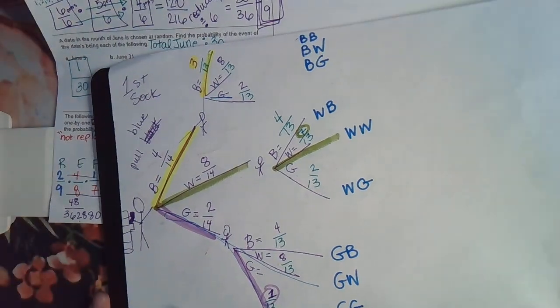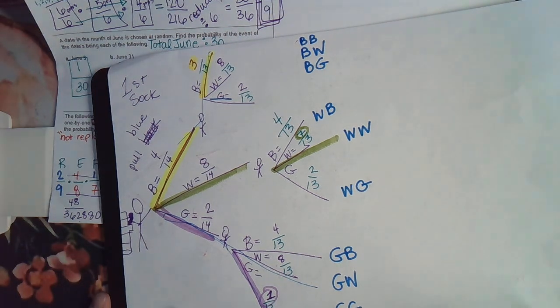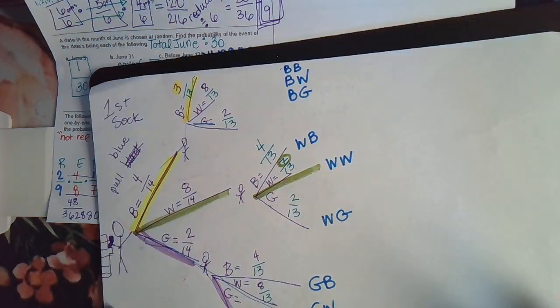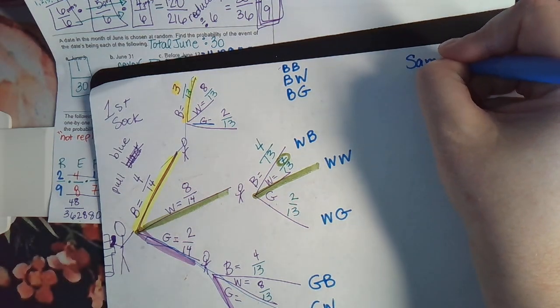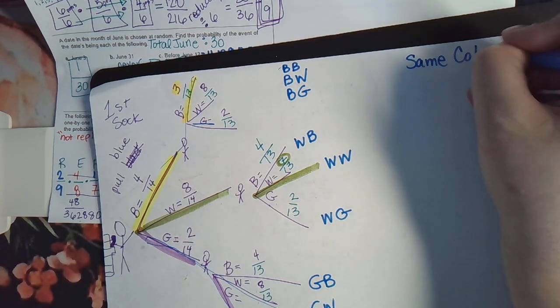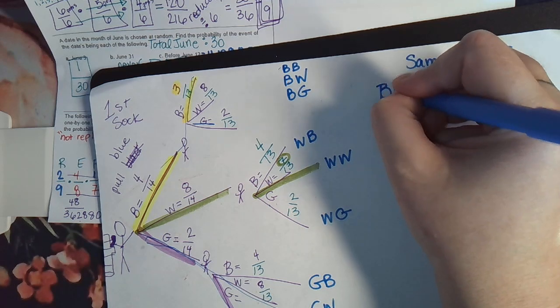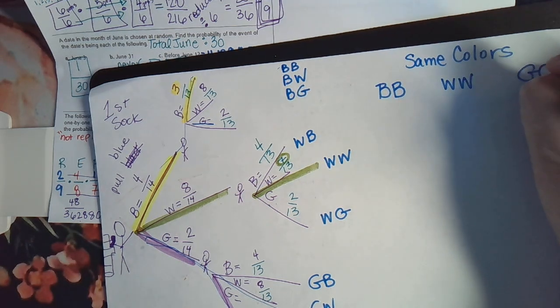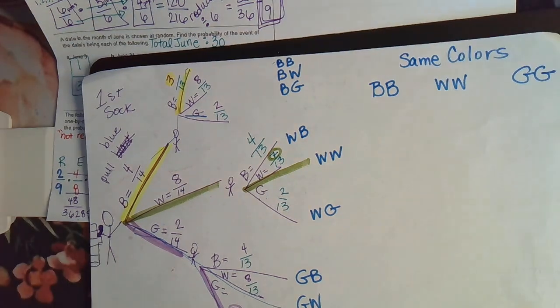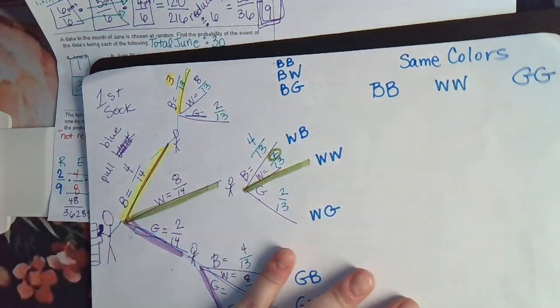It says, what is the probability of the event of getting 2 socks of the same color? Okay, where are the same colors? The same colors are blue, blue, white, white, and gray, gray. Okay, how do we find the probability of a blue, blue?